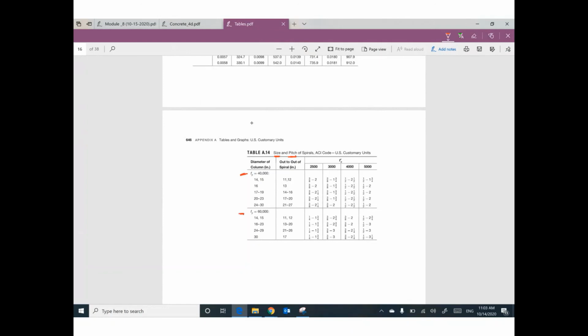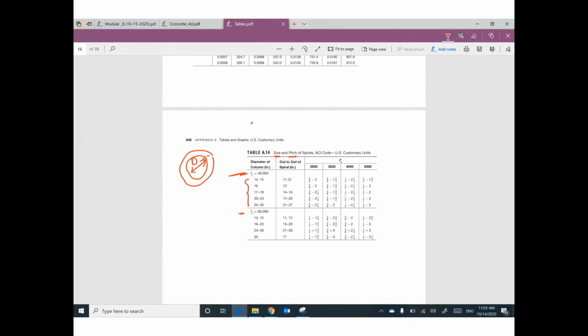60,000 or 40,000? Then what is the diameter of your column? For example, if your F yield is 40,000, what is the diameter of the column? And then what is the out-to-out diameter of the spiral? We have two diameters; the inner diameter is DC.